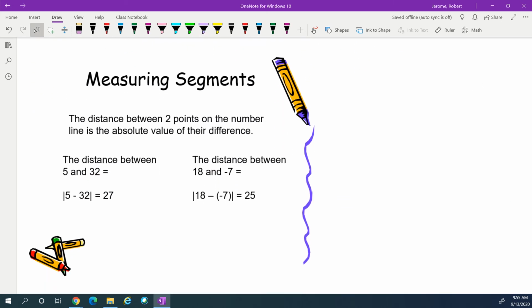So let's talk about measuring, and this is specifically measuring on a number line. We can subtract the values and take the absolute value. So measurement, for our purposes, cannot be negative.